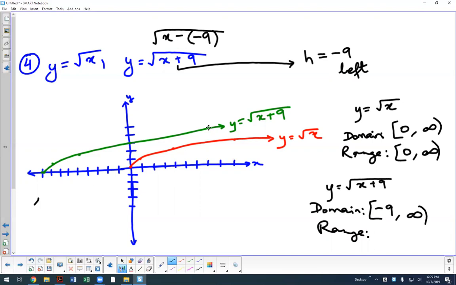Did the range change? No, because even though my graph moved left, I didn't move up or down. So I'm still starting at 0, and my graph is still only going up. So the range will stay the same as the original function. The domain is the only thing that changed when I moved my graph to the left.